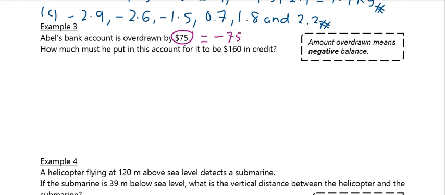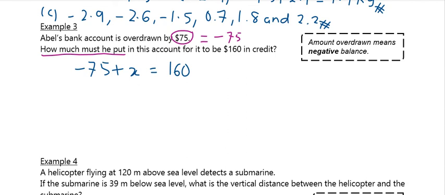So here, how much must he put? You have to find out an amount that he has to add to negative 75 to make it 160. So you can form this one, negative 75 plus, let's say he must put an amount of x into this, and in result he wants it to be 160, right? So this is the formation of the formula for this problem.